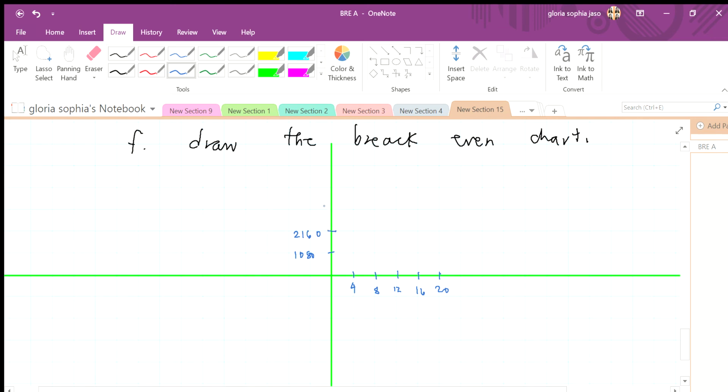Okay, so 2,160 is the fixed cost, 3,200. So, the difference per unit here is 1,080.